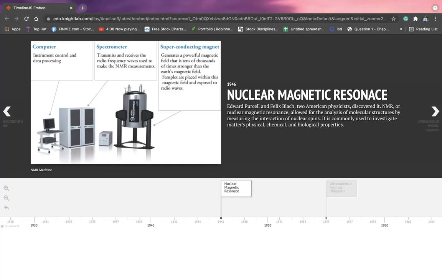So as we can see, we have a computer, a spectrometer, and then a superconducting magnet, which generates a magnetic field that allows for the spins and images that are created. And the samples placed in this are exposed to the radio waves, which cause the spins and overall allow us to investigate the matter's physical properties.